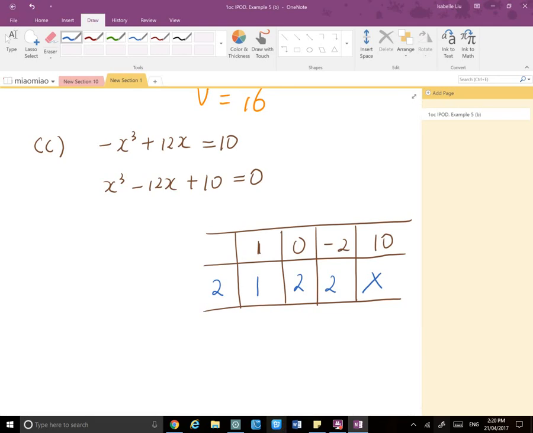Okay, we try some values. Let's rethink it then. That's 2, that's not going to work. 5, 1, 5, 5, 25. That's too big.